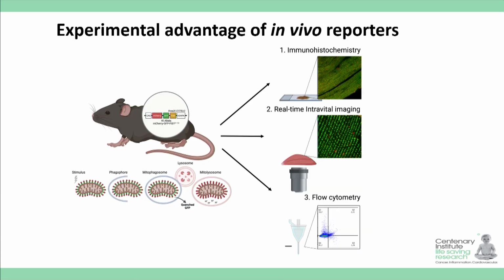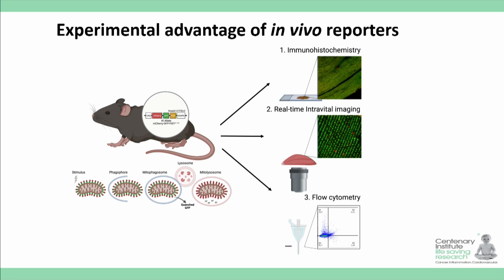So we've been working with these mice for a while, and I'm always interested to see how far you can push a model and what you can actually do with it. The typical way we look at these things is with immunohistochemistry, so I'll show you lots of images today from confocal work that we've done in fiber preps. But at Garvan, where I was based in Sydney, there's a fantastic intravital imaging core.